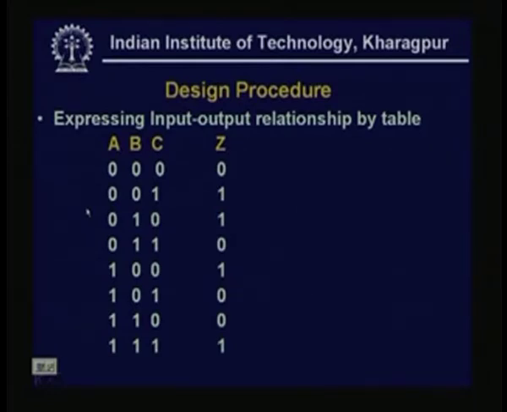So, this is one table. If it is 0 0 0, then output is 0. If it is 0 0 1, output is 1. Similarly, if it is 1 0 1, then A equal to 1, B equal to 0, C equal to 1, then the output Z is 0. So, this we have identified that this is the relationship, that means output will be produced if the inputs take these particular values.